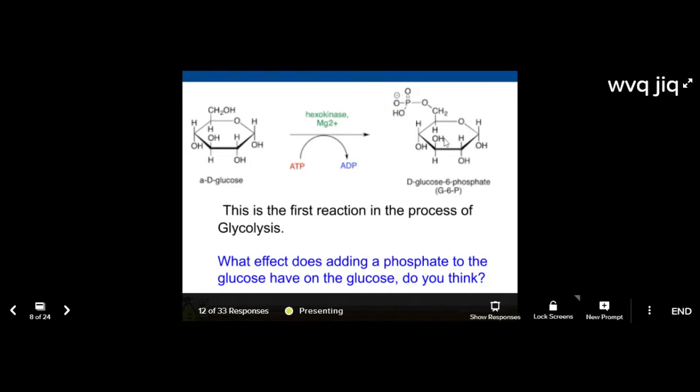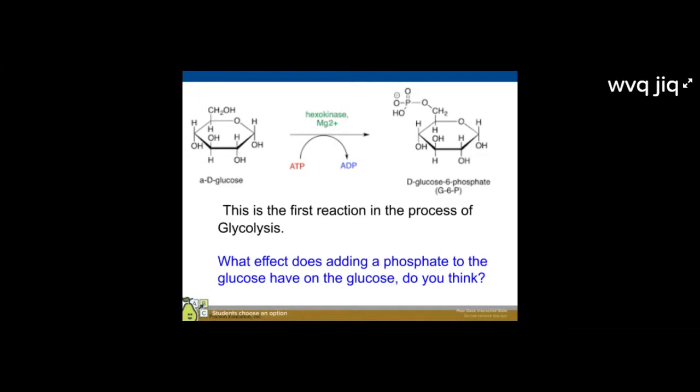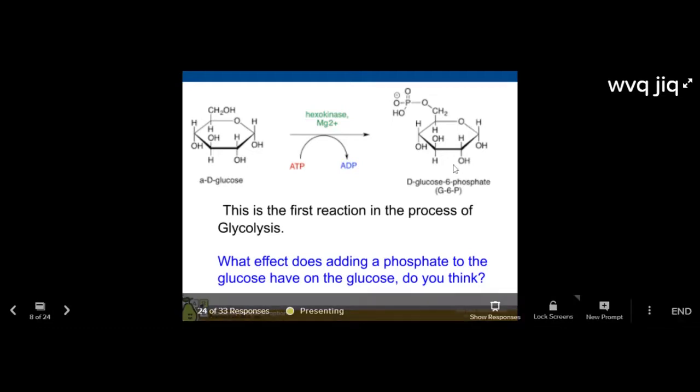What effect do you think that has on that glucose molecule? Think about what glycolysis is. Glyco means sugar. Lysis means to break. The point of glycolysis is to break a sugar. So the first step is sticking a phosphate onto it. What would you guess might be the effect of that?